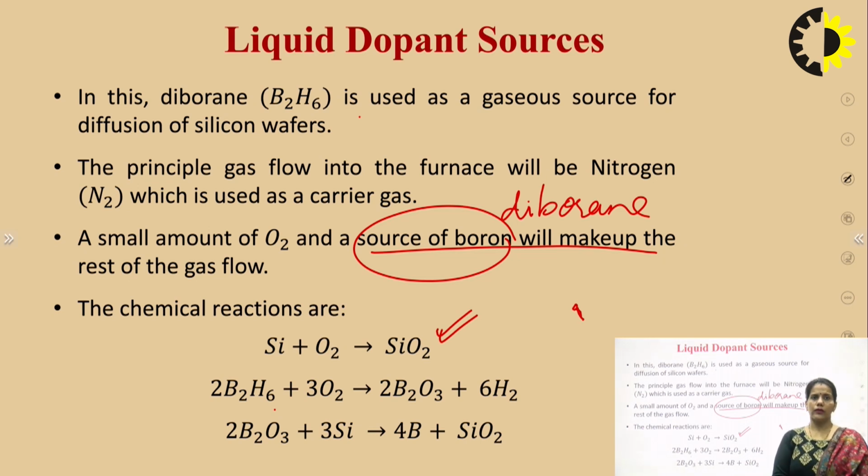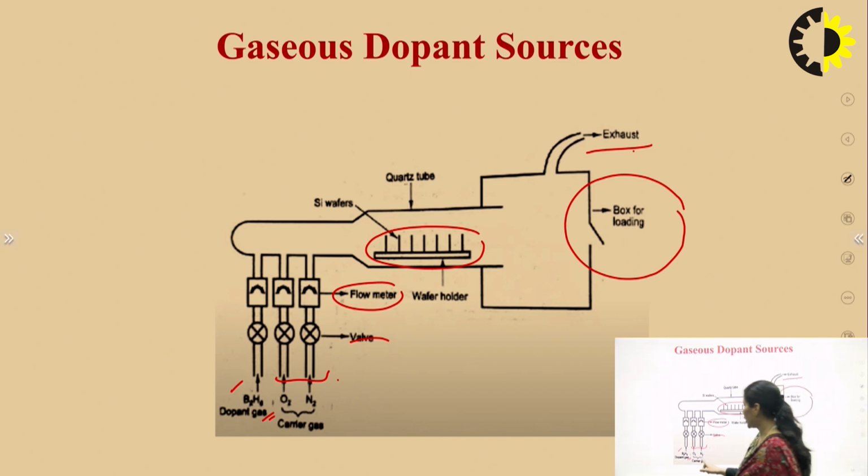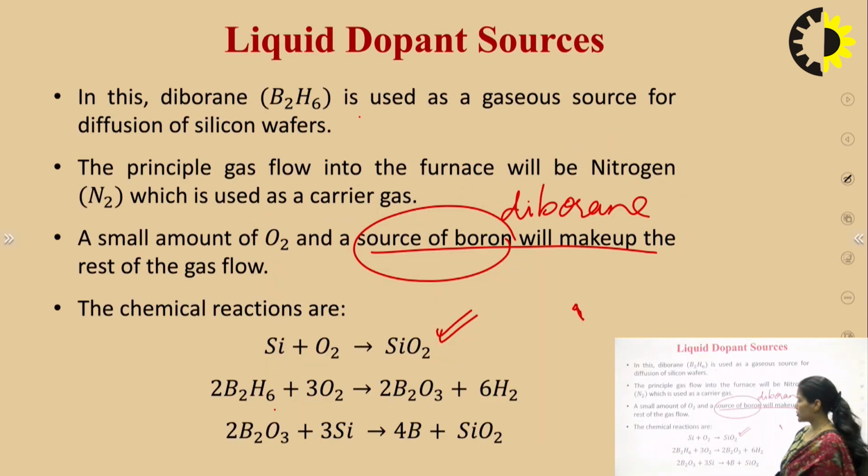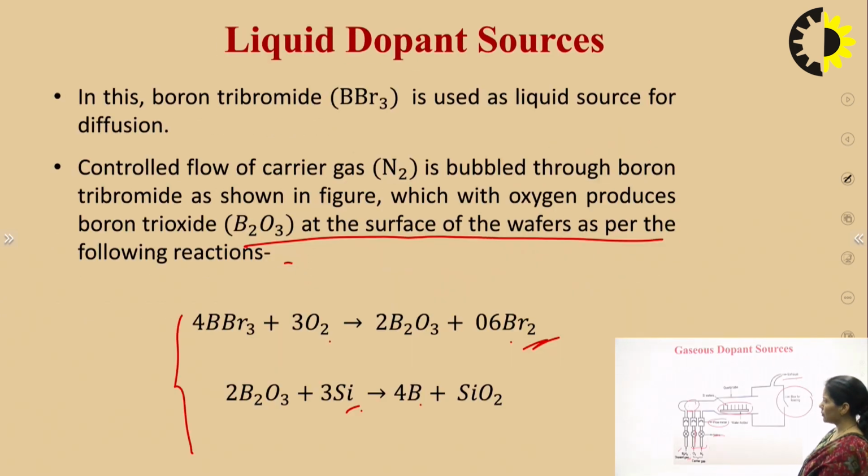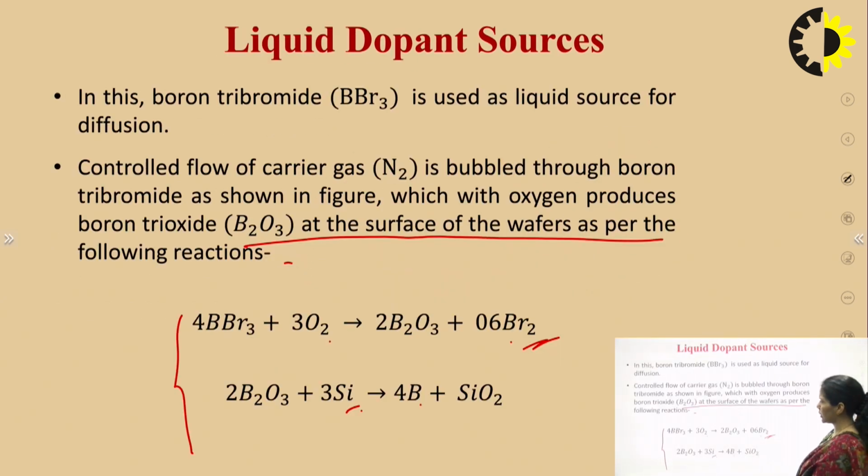The diborane reacts with O2, because the O2 passes through this tube and diborane passes through this tube. Both gases react over here, and the reaction is B2H6 plus O2, which gives boron trioxide.